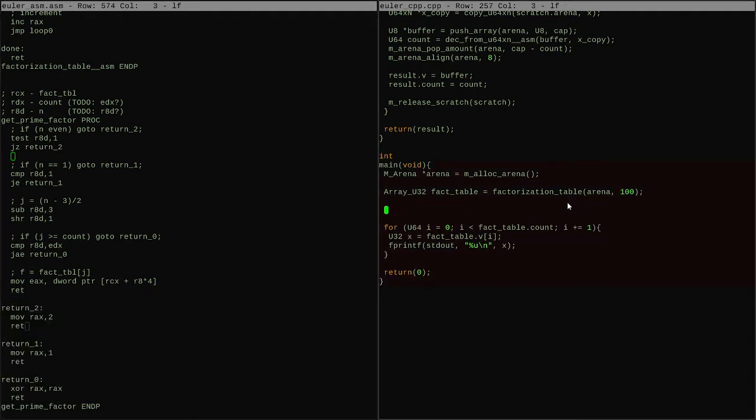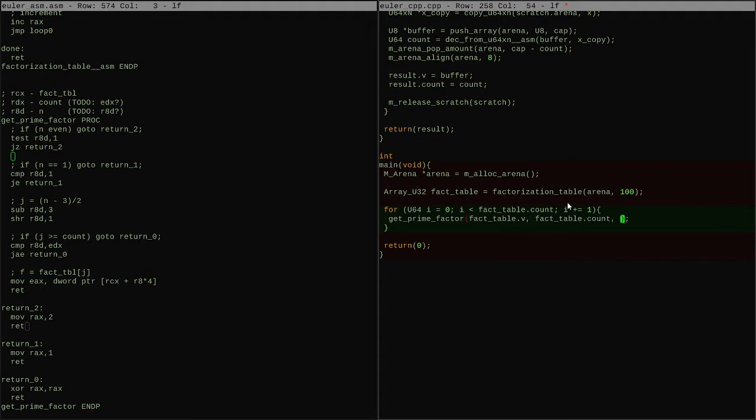So for this one, what I want to do is loop over all the numbers from 0 to 100. Yeah, that'll be fine. And call get prime factor. I give it my factorization table, I give it the count, and I will start with 1, 2 in this case.